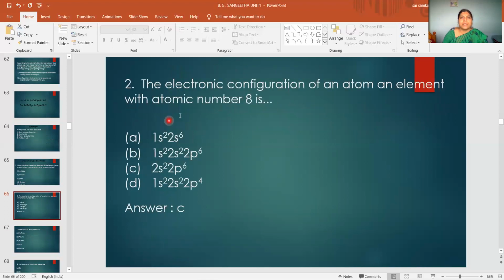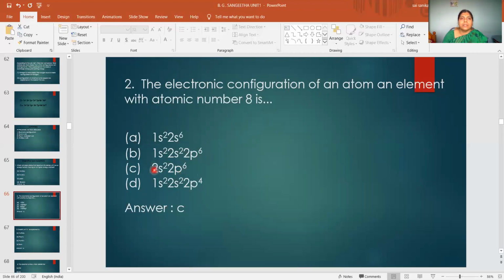Then next, the electronic configuration of an element with atomic number 8 is. After writing this electronic configuration, we'll see. So for atomic number 8, the configuration is 1s2, 2s2, 2p6.